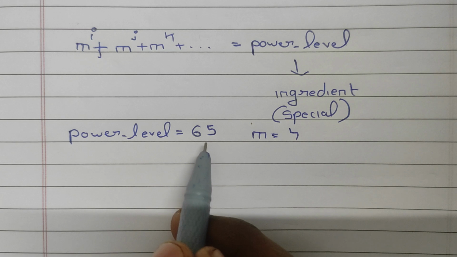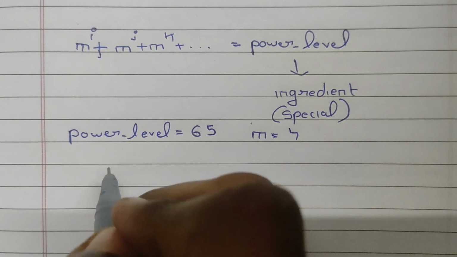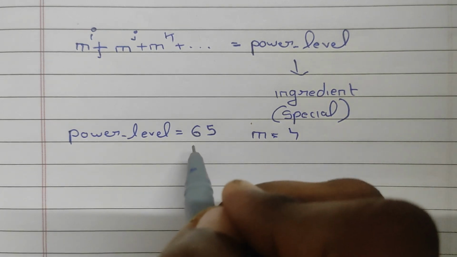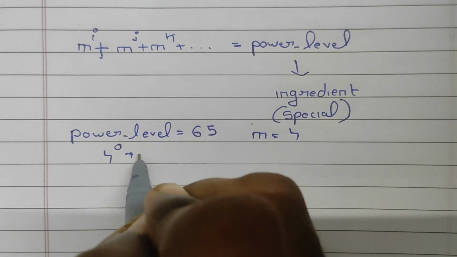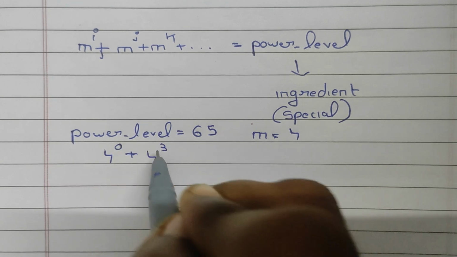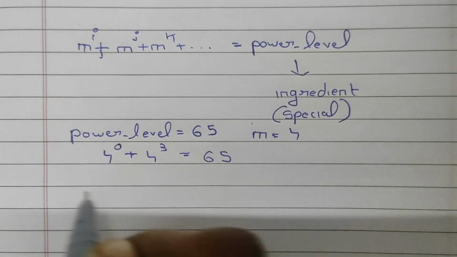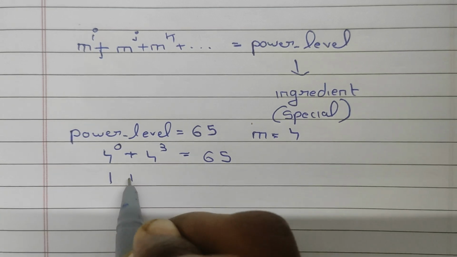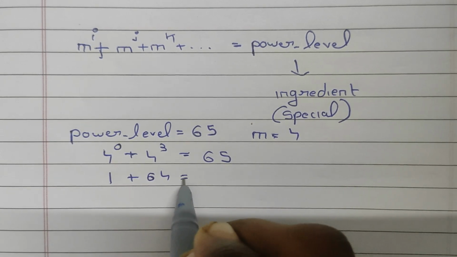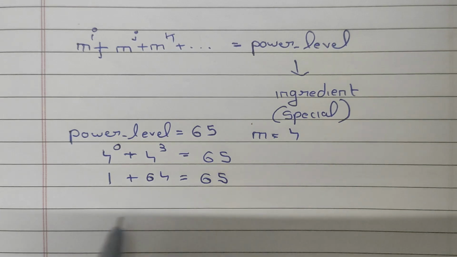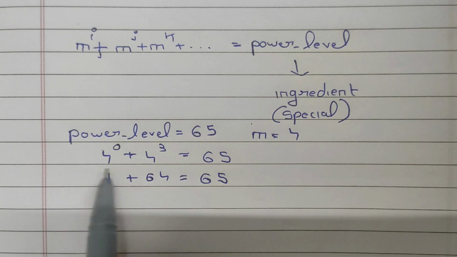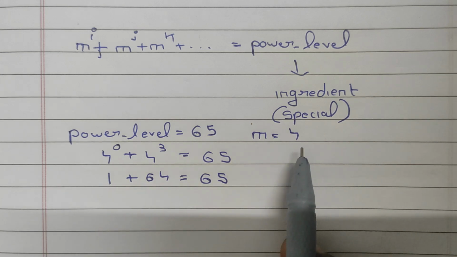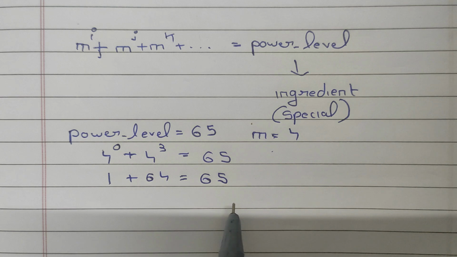When we check, we can see that 65 can be expressed as 4 raised to 0 plus 4 raised to 3, where 4 raised to 0 is 1 and 4 raised to 3 is 64. So it is equal to 65. So the power level can be expressed as a sum of non-negative distinct powers of m, and the ingredient which has this power level is special.